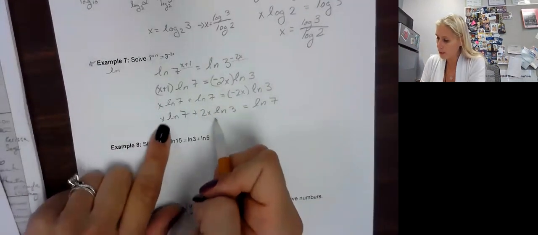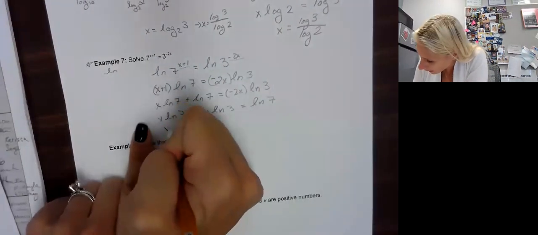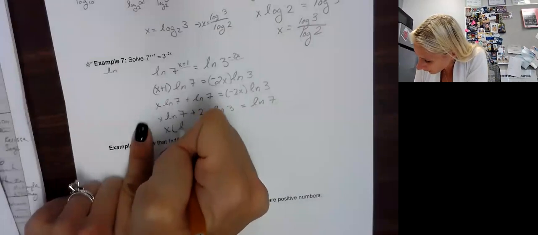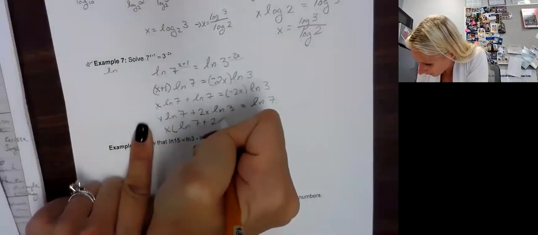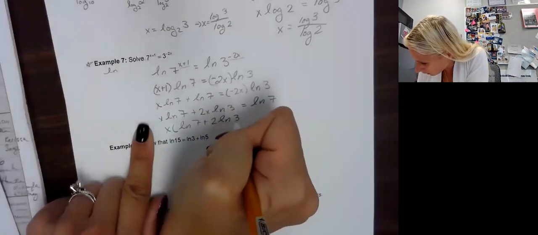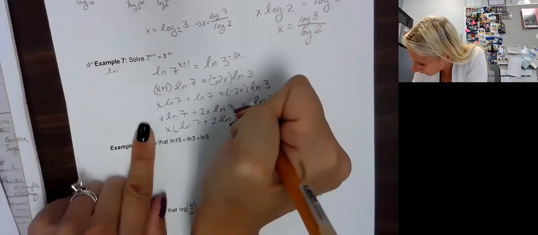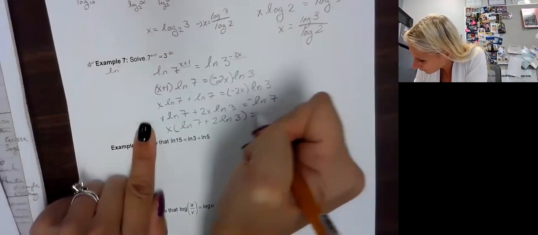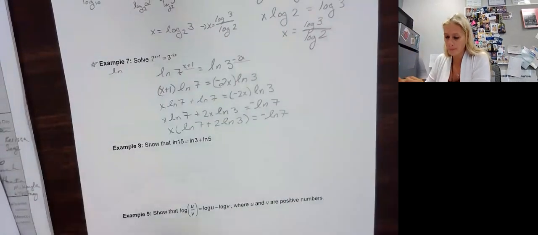Now, if you remember, what we can do here now is take out an x, right? So we have x times (ln 7 plus 2 ln 3) equals, oh, and this should be negative, right? Because I subtracted that to both sides. For those of you who caught it, good job.